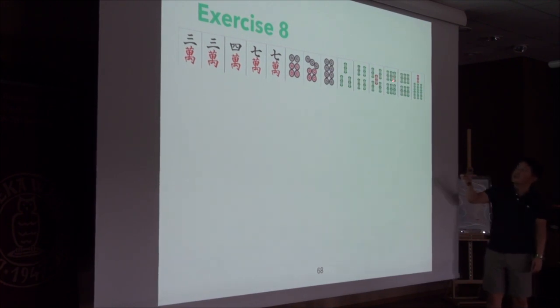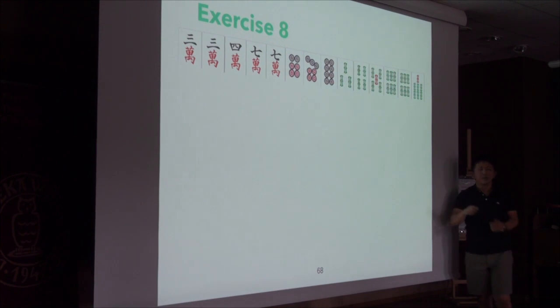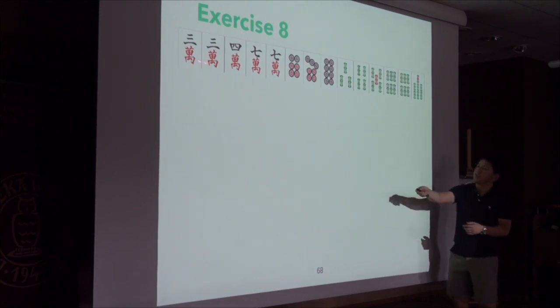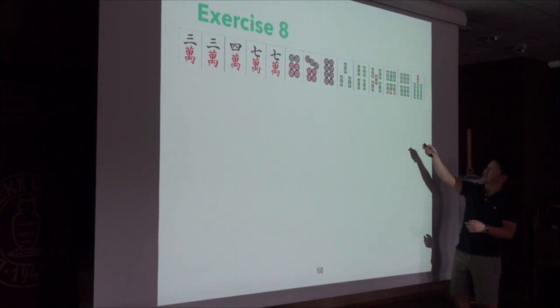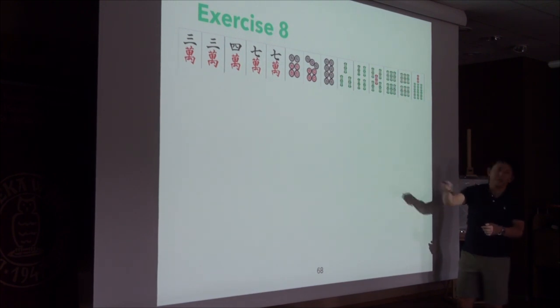What are those? 6 bamboo and 3 character. They are supporting tiles, right? Having additional 3 will allow you to accept another copy of 3 and 7. Having additional 6 will allow you to accept another copy of 6, and another copy of 7, and 3.